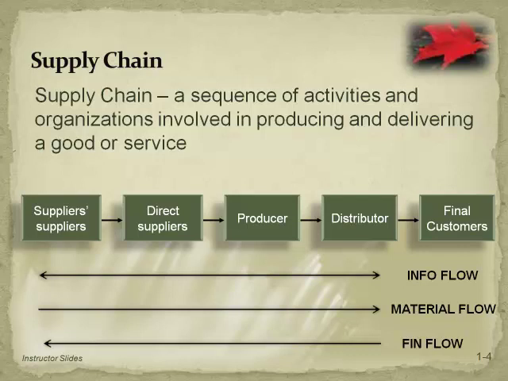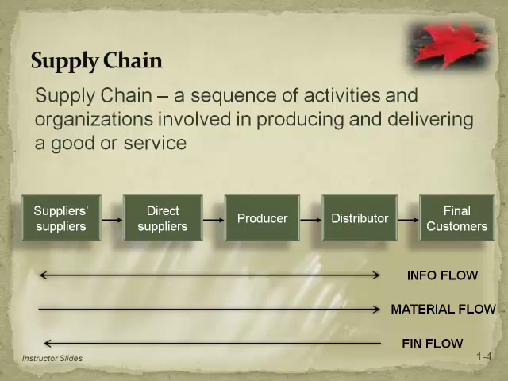There are three distinct flows in a supply chain, and they're shown in the bottom of this slide. So these flows are important, and I'm going to expect you to know what they are and remember them. So the first flow is the information flow, and you'll notice that there is a line with an arrowhead on both ends of the line, indicating that information flows from the final customer.